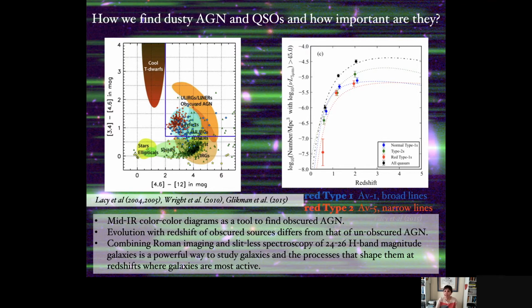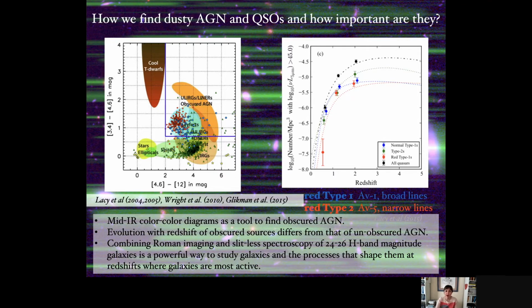So it appears that there is a difference between the obscured and unobscured AGN, and that this difference increases at higher redshift. And the reason that this is important, that we do not miss those galaxies at redshift 2 and 3, is that it so far appears that a lot of the growth and activity in galaxies happens at this redshift, known as the cosmic noon.